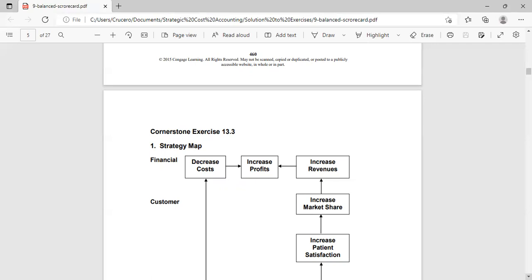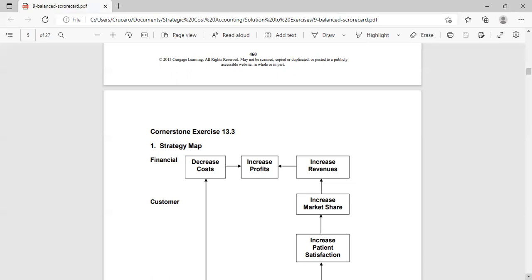Prepare a strategy map for Harmon's strategy as indicated by the series of cause-and-effect statements. So for 9-3, the requirement is a strategy map for the strategy as described.